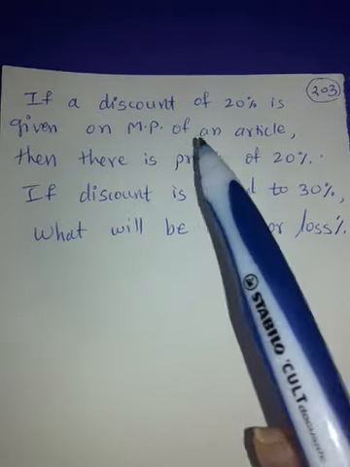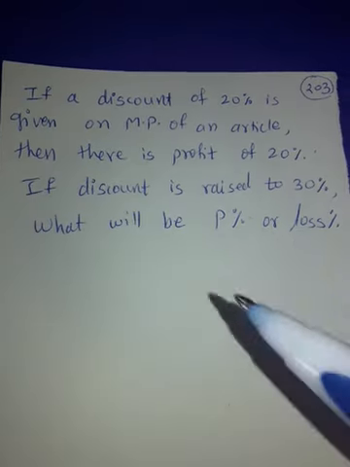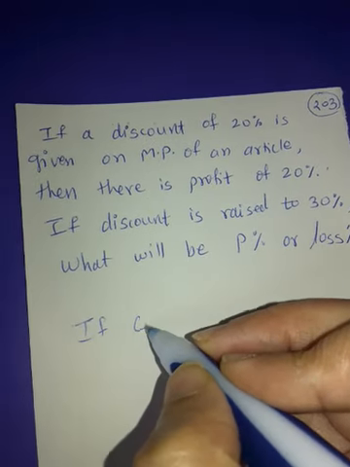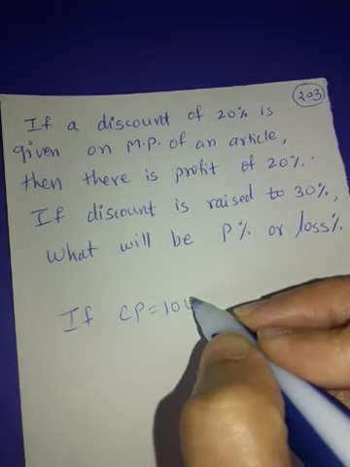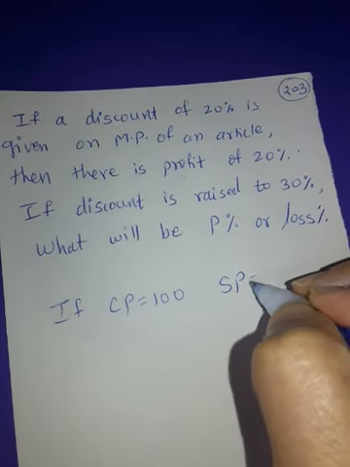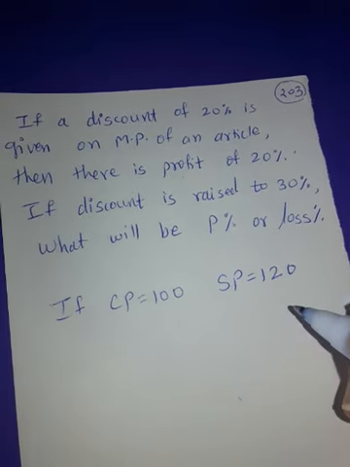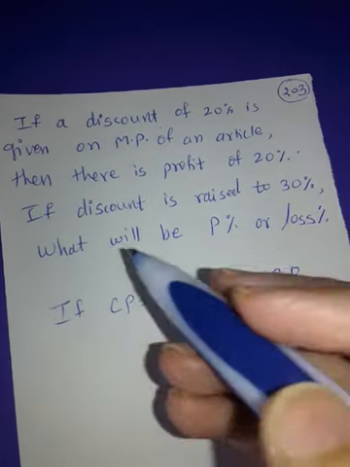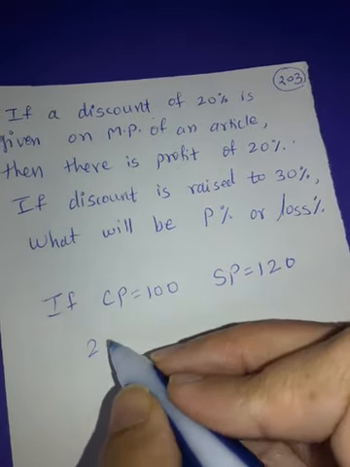20% discount on MP and profit of 20%. So how will we start? If CP is 100, now 20% profit, that means SP is 120, right? Discount of 20% on MP.